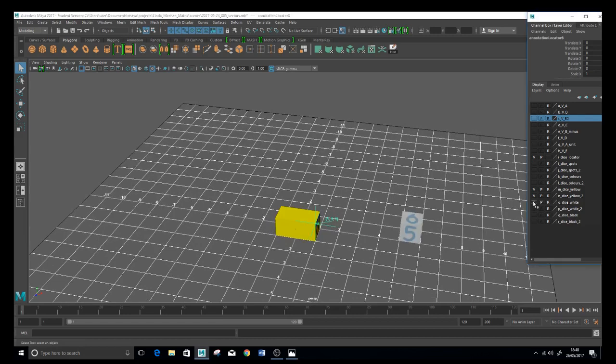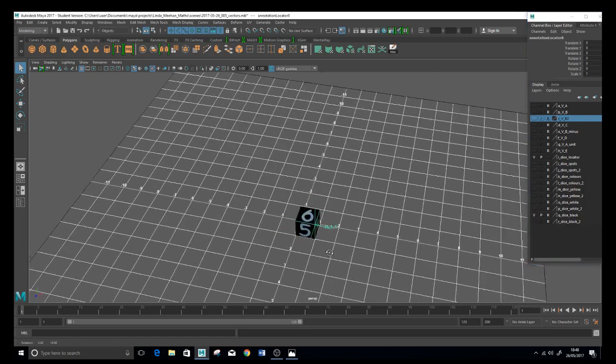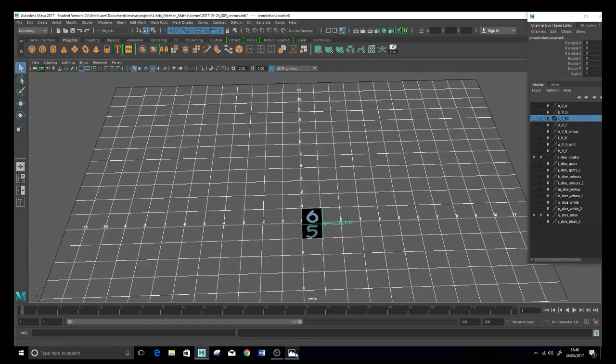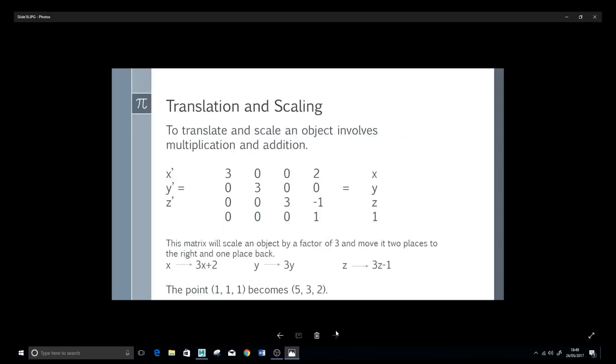Now other things that we can do, we can rotate, we all know what that is, so I'm not going to go into that in detail. And last of all, for the last cube, I am going to use a matrix which will both translate and scale. So the 3s and these positions tell us that we're going to end up multiplying, for example, x by 3, adding on 2: 3 by x is 3x, 0y, 0z, and 2 by 1 is 2.